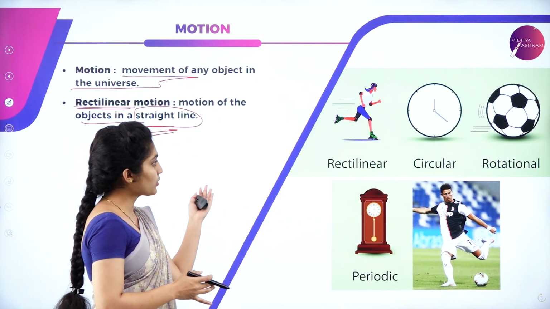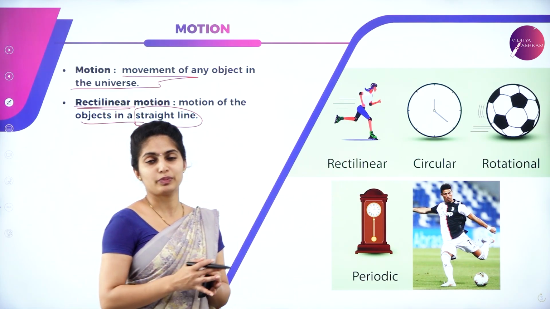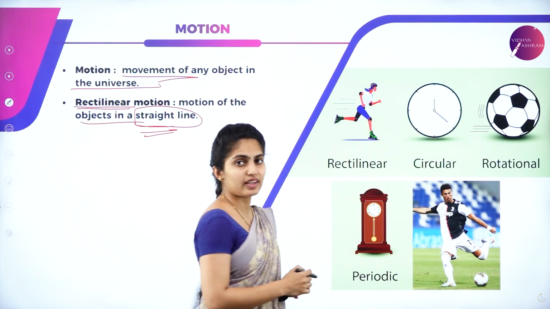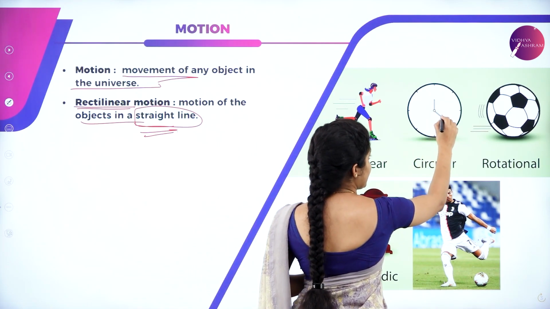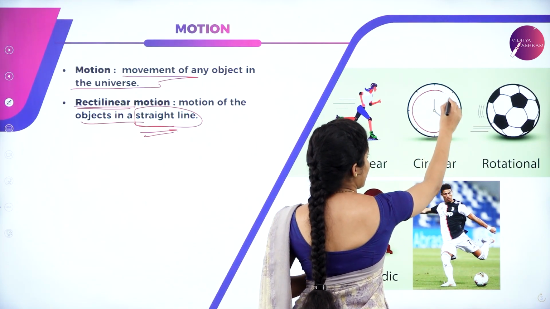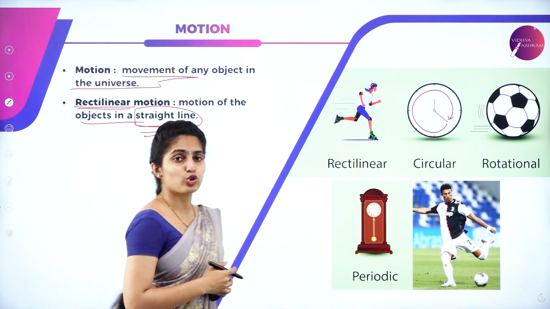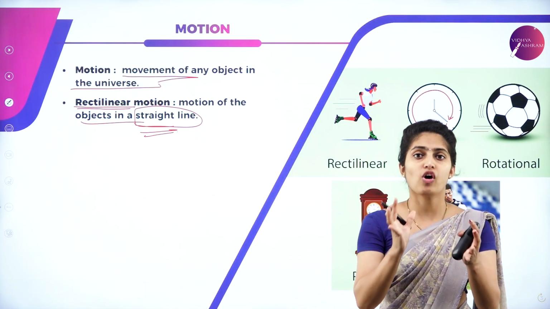By looking at this, you can see skating is taking place, and skating is said to be a rectilinear motion. The clock is showing the time, so it can be called circular motion, and the circular motion is with the help of this minute needle. Okay, and next we have rotational motion. That means to say the whole ball rotates.